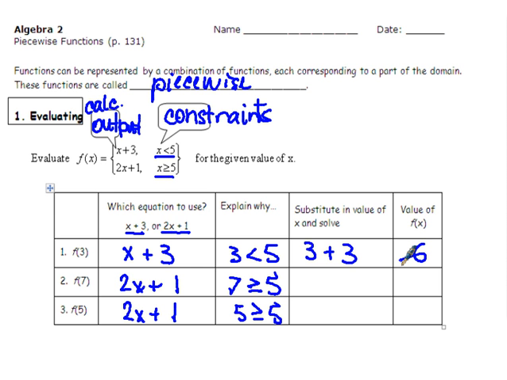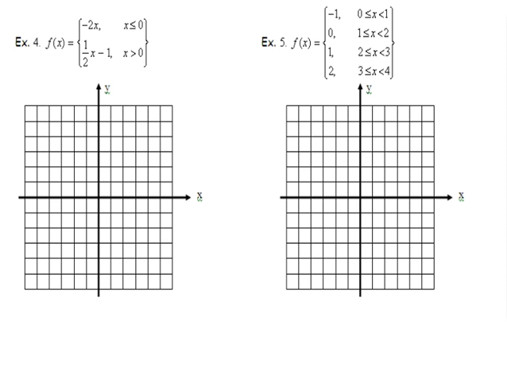For 7, we're going to be using 2x plus 1, which is 2 times 7 plus 1, and that's 15. And then for number 5, we will be using 2x plus 1, which means 2 times 5 plus 1, and that's 11. So we are done with this page. I hope this all makes sense, and we'll be looking at graphs next.